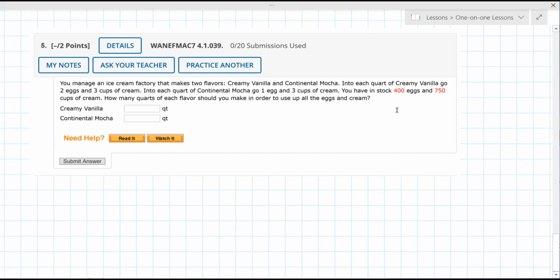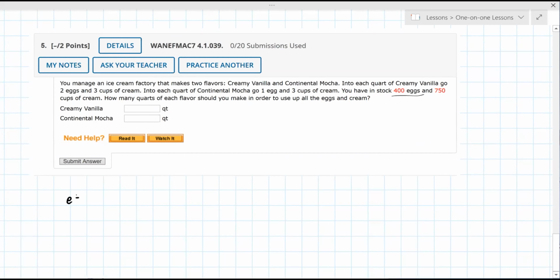Okay, so you manage an ice cream factory that makes 2 flavors, vanilla and mocha. Into each quart of vanilla go 2 eggs and 3 cups of cream. Into each quart of mocha, 1 egg and 3 cups of cream. You have 400 eggs and 750 cups of cream.